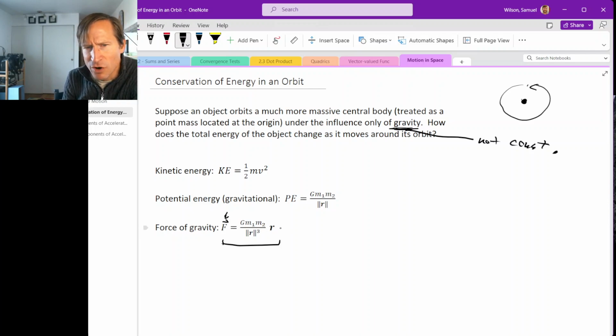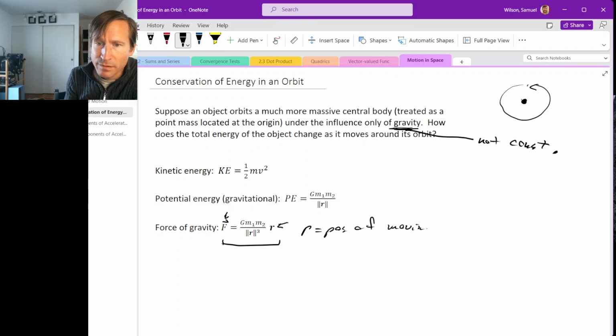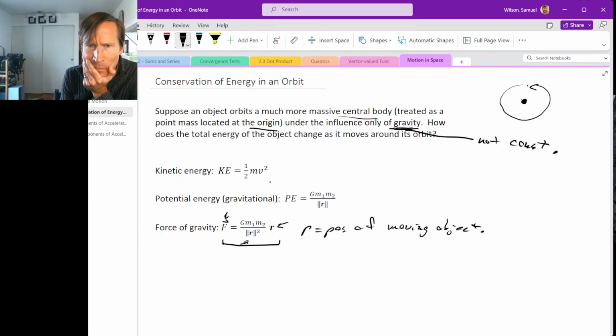What I'm using for r here is the position of the moving object. So we're taking advantage of the fact that the very massive central body is located at the origin, right? That's why I don't have to have some difference of vectors in the denominator here. Okay.